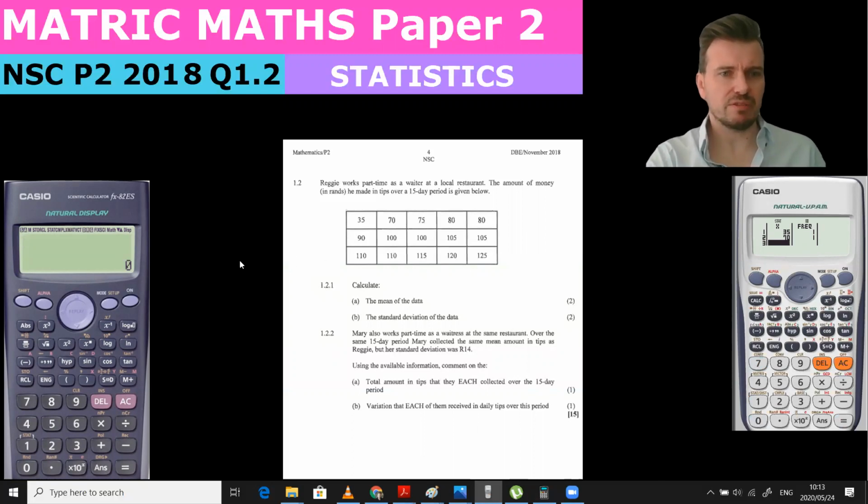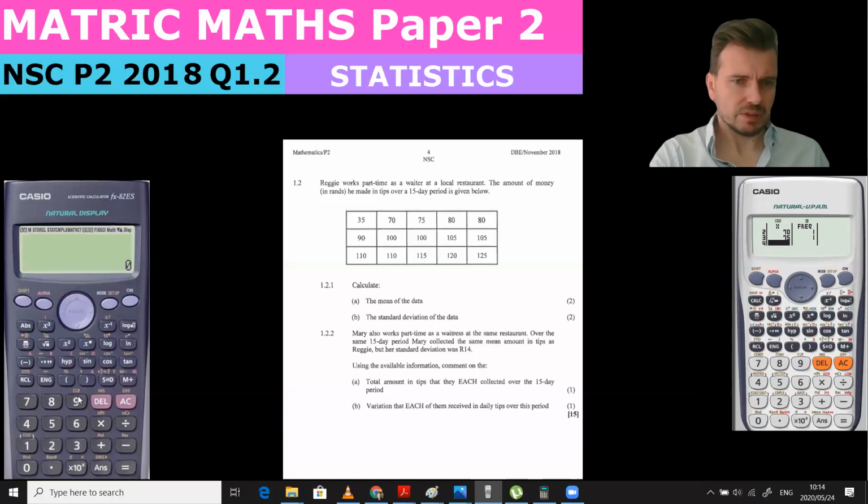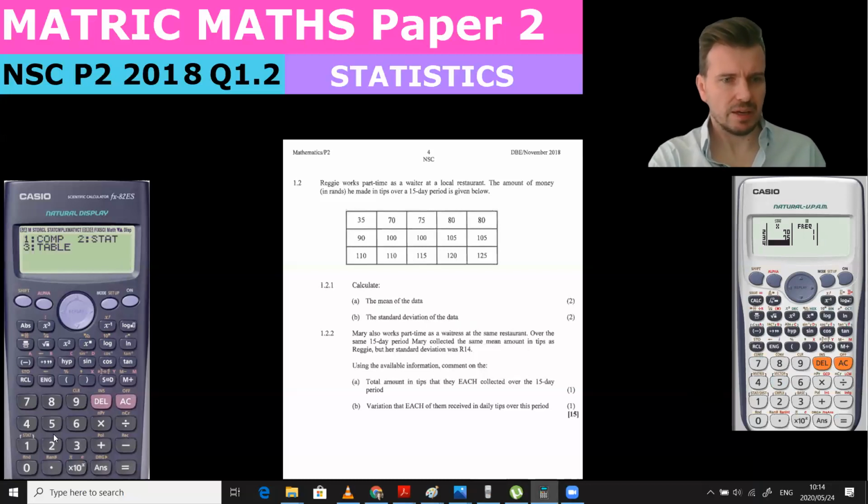Okay, so I'm going to use the FX82 calculator because that's what most of you are using. I've showed you on the silver calculator exactly how to put in the data as well. So on the right-hand side, you've seen it. I could just carry on, 75 equals, and then I would say Shift and 1 to look at the data. So let's look now at the FX82 calculator, and we go Mode, and now Stats mode, and it's one variable.